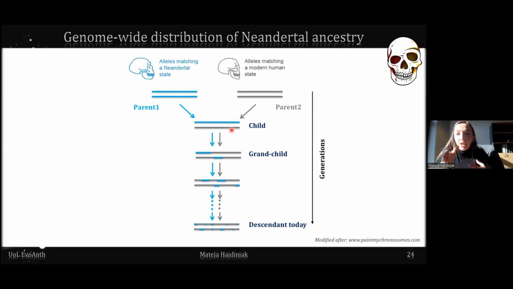However, if that child then continues living in human societies, the DNA from Neanderthals will break down over time into smaller and smaller chunks and will be present in these small DNA chunks, which we can find in people living today. Therefore, we can reverse engineer this so we can look at the actual sizes and distribution of these Neanderthal segments in the genomes of our ancient individuals, and then use them to date the time of the admixture between Neanderthals and modern humans.